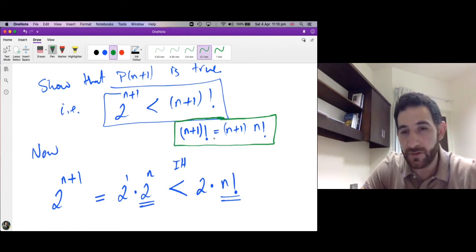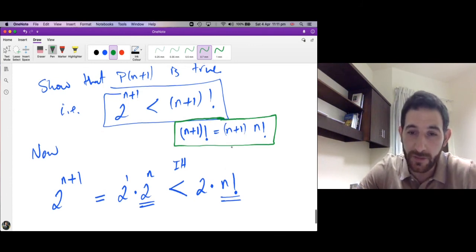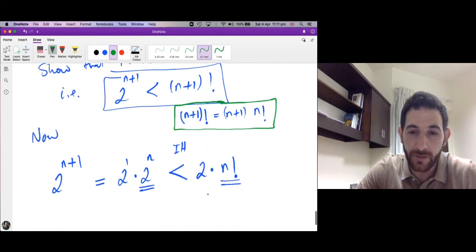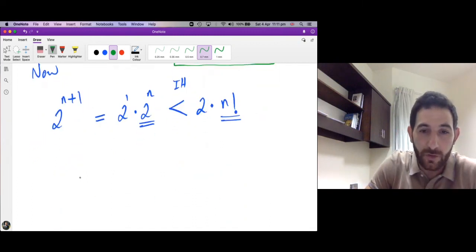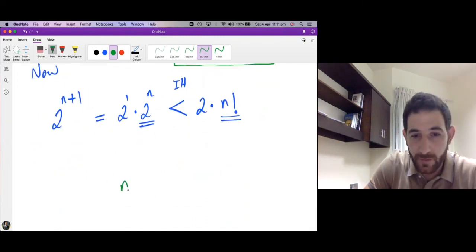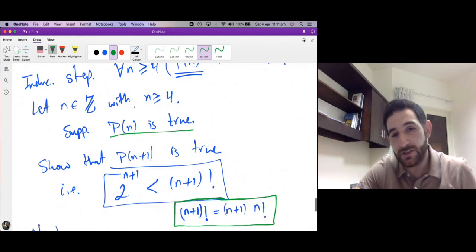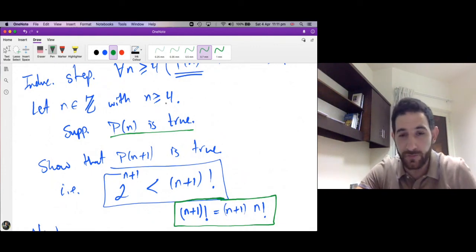Okay, so we know that n plus 1 factorial is n plus 1 times n factorial. We already have n factorial. It remains to create some n plus 1, but we have here 2. Look at this. What do we know about n? We know that n is bigger than or equal to 4, from here: let n be an integer bigger than or equal to 4.